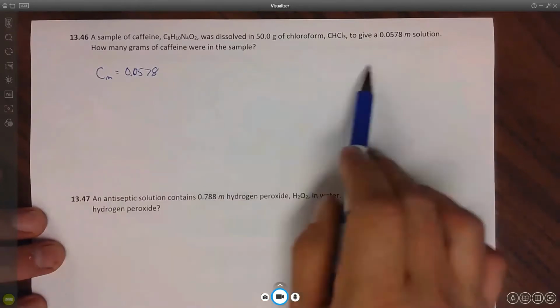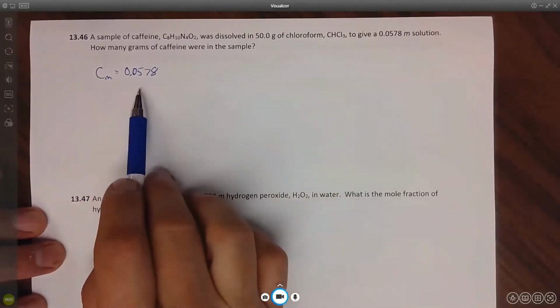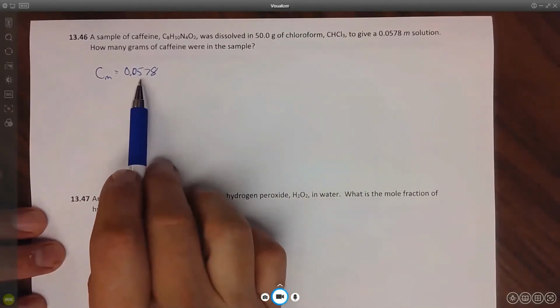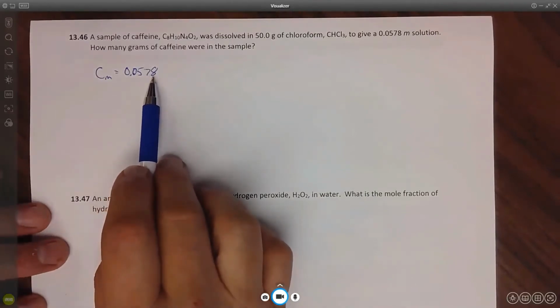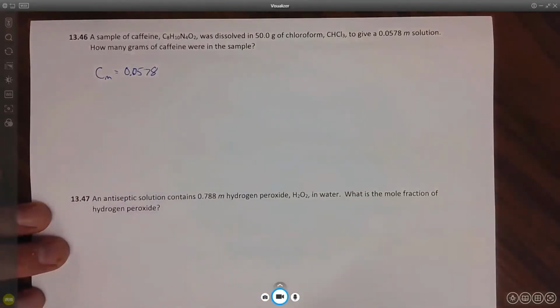In other words, what does this all mean? 0.0578 what? Molality. Yeah, but what does that exactly mean? Moles of solute per kilograms of solvent.